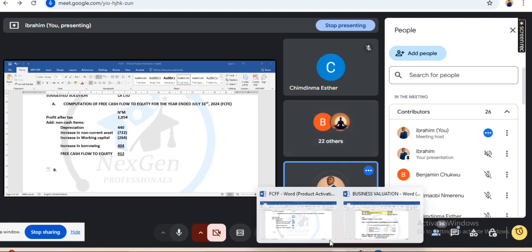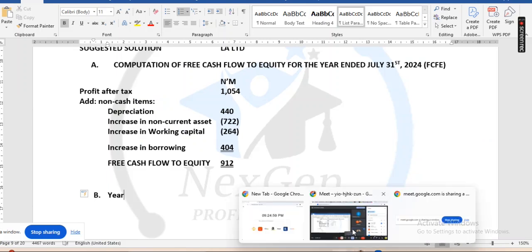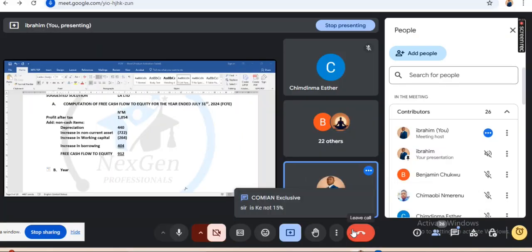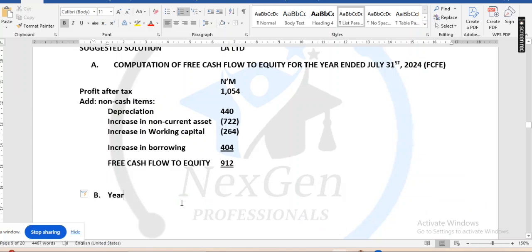Now let's go there. So we have the number of years, right? Then after the years, we have the cash flow.